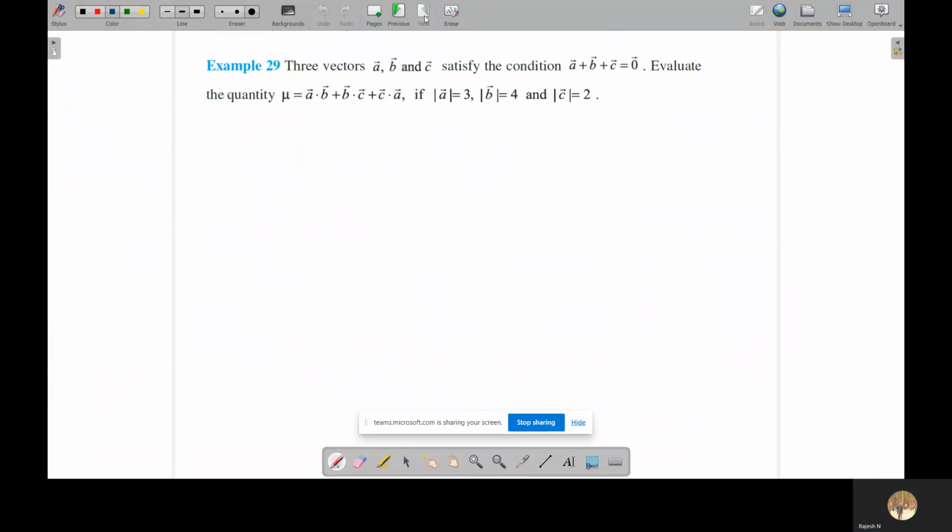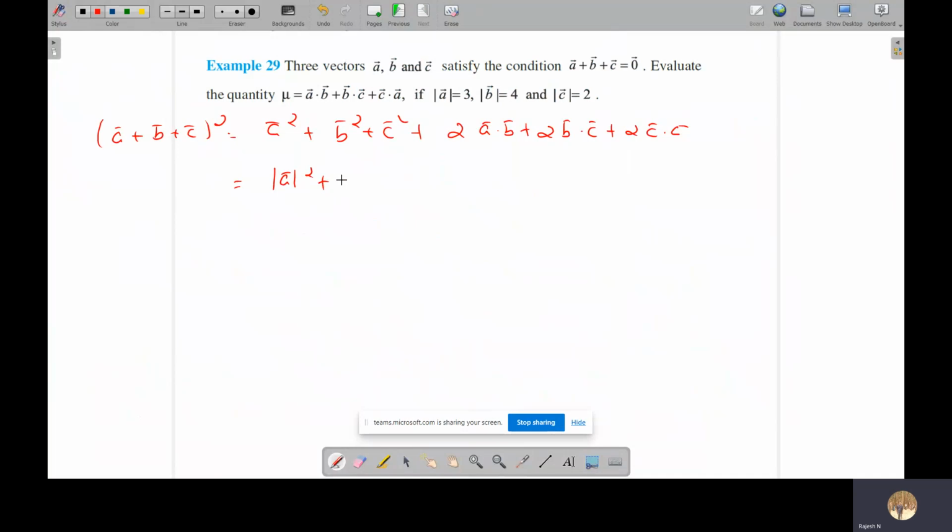Next one. Three vectors A bar, B bar, C bar satisfy the condition A bar plus B bar plus C bar is equal to 0. Evaluate the quantity mu. So you can write A bar plus B bar plus C bar squared is equal to A bar squared plus B bar squared plus C bar squared plus 2 into A bar dot B bar plus 2 into B bar dot C bar plus 2 into C bar dot A bar.